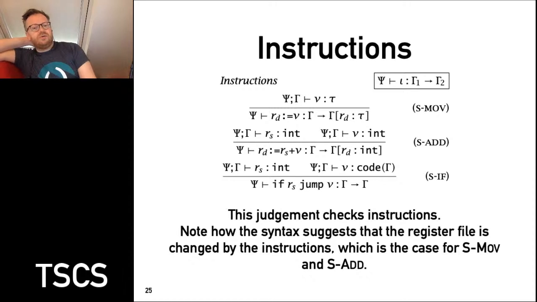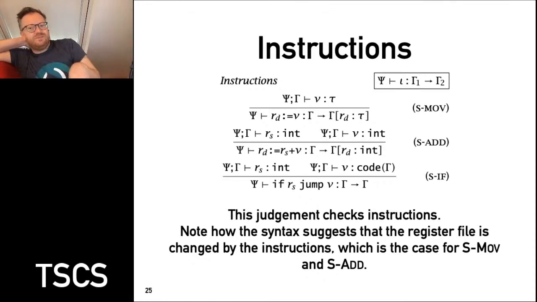And the conditional jump, so the if rule for this, is pretty neat. You take the premise that the source register here, the condition register, must be an integer, and the value must be of this type code Γ. So under the current register file typing, the code that you jump to must work.